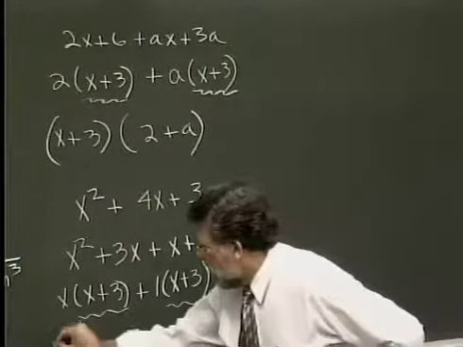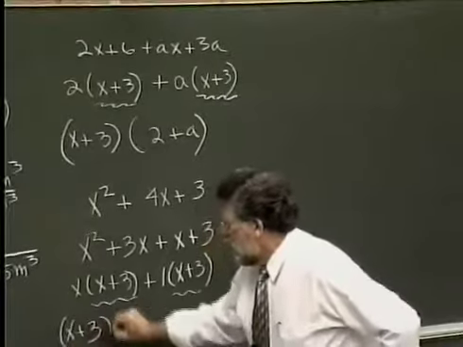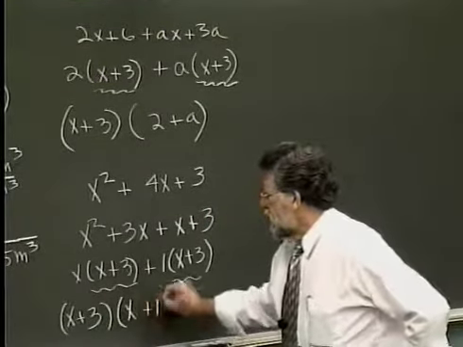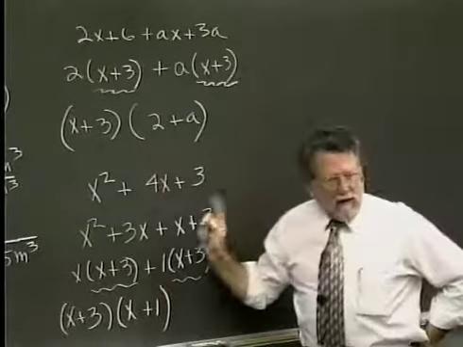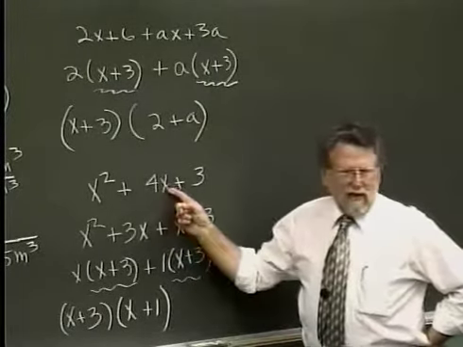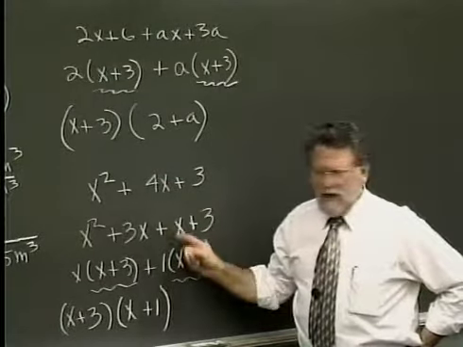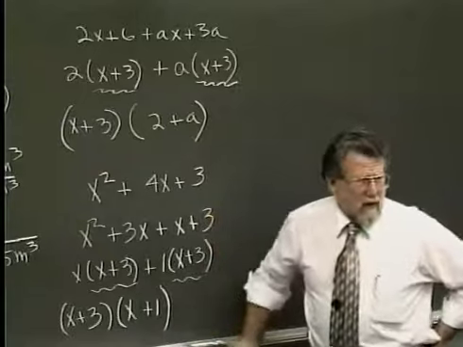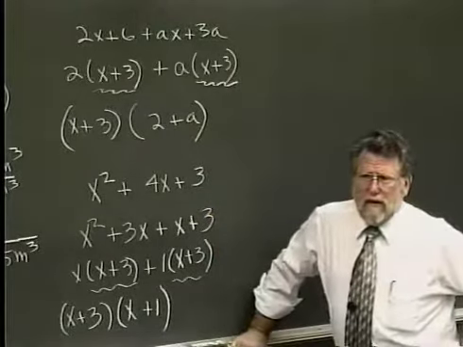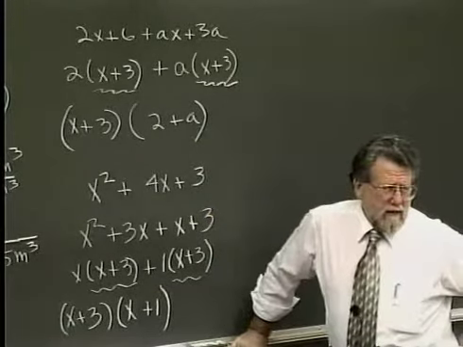So I take out that aha, and what do I have left? An x plus 1, and using the same logic that was going up here, by a clever decomposition of 4x into 3x plus x, I now have a way of saying this trinomial is written as the product of two binomials. That's where the text is going.